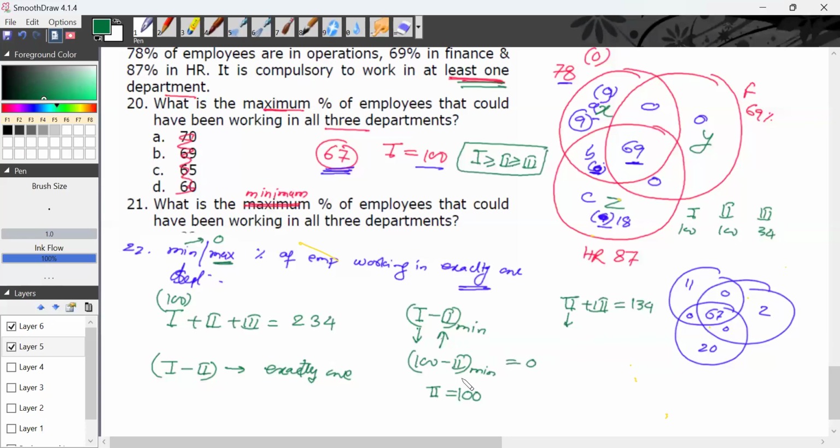We want the minimum value of this so that this thing becomes maximum. Right? 100 minus 2 would be maximum only if at least 2 is minimum. So this ko minimum, isko maximum. I can't take 134 and 0 for sure because this has to be greater than or equal to this. So the only option is let us distribute 67 to each. Now substitute 100 minus 67, तो ये 33 आ जाए. So 33 is the maximum percentage of people who would be working in exactly one department.